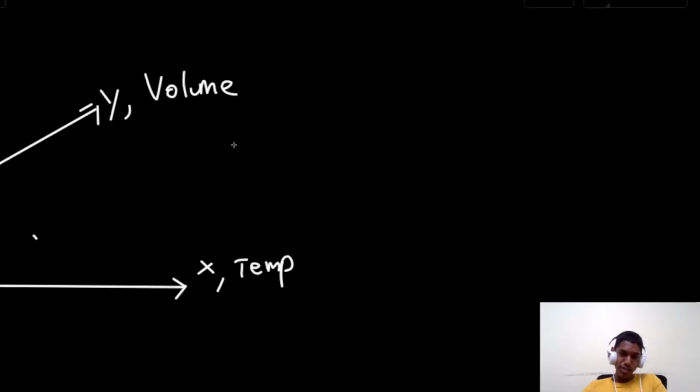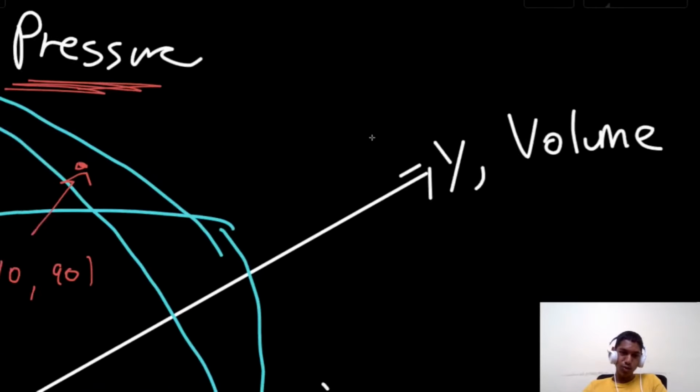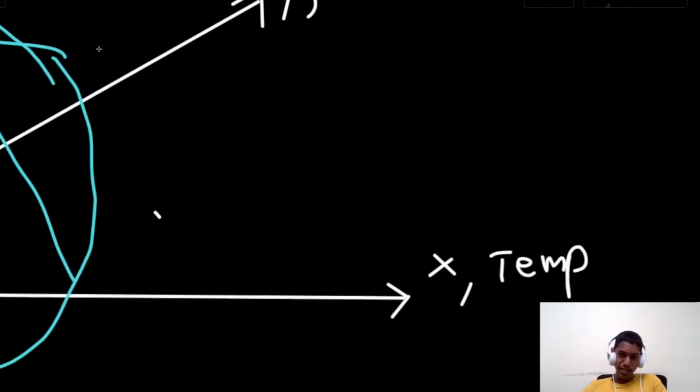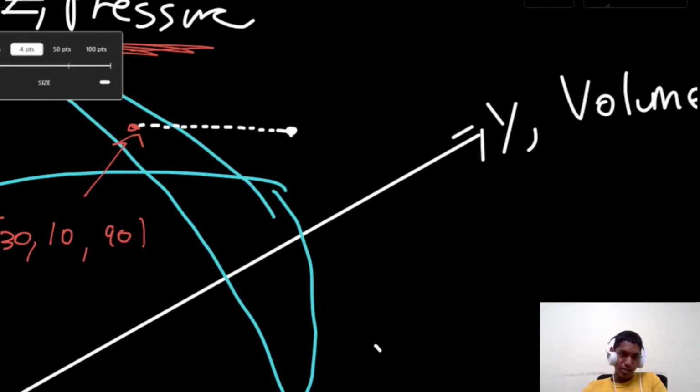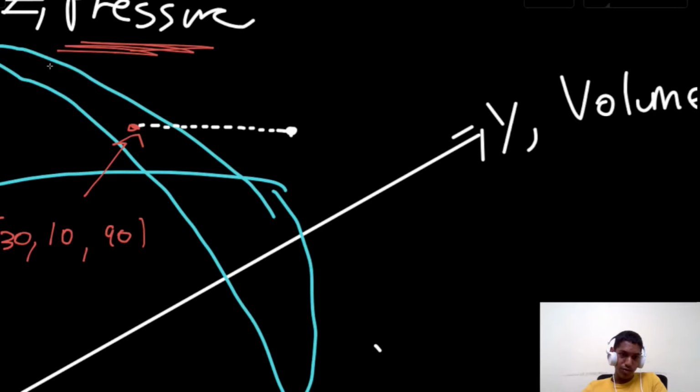Like at this particular volume. So what we do here is basically the same thing. We change X a little bit. So you have over here, you have 30 plus delta X, that little bit we changed.